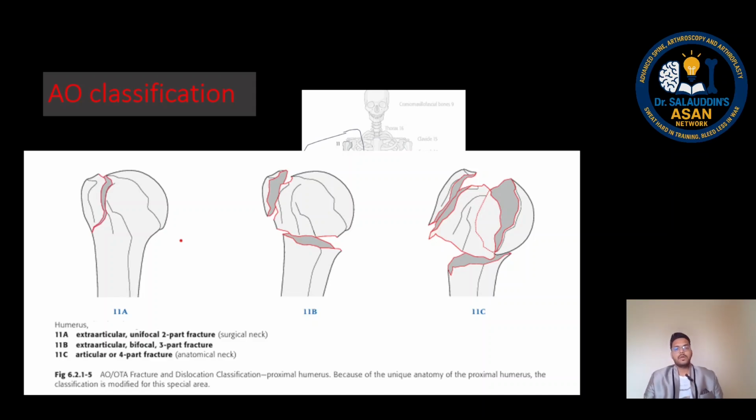So coming to 1.1, that is the proximal humerus fracture, is again divided into A, B, and C. In the previous lecture also I have told you, any AO classification at the joint, they classify it as whether the fracture is outside the joint, whether it is involving partially or completely.